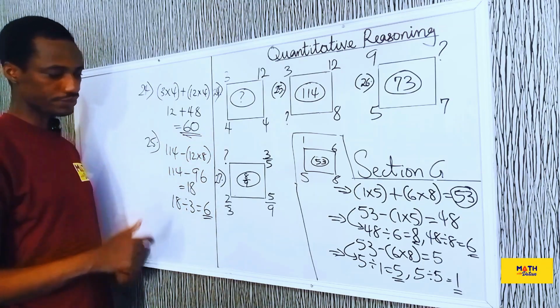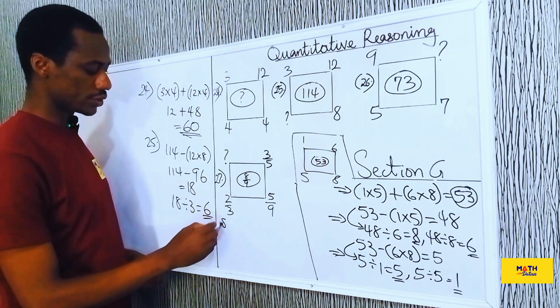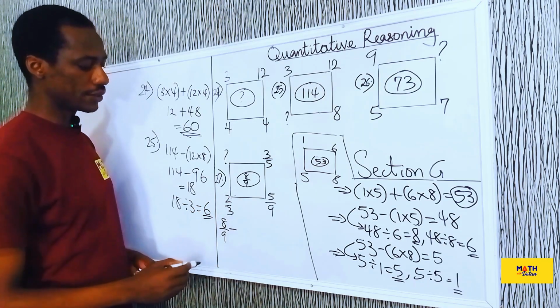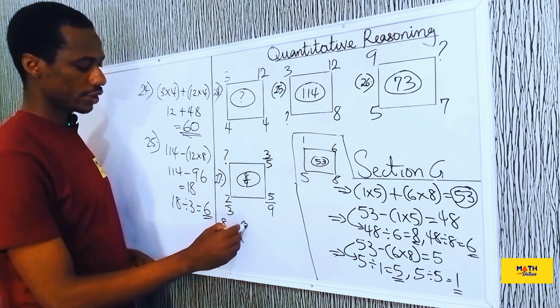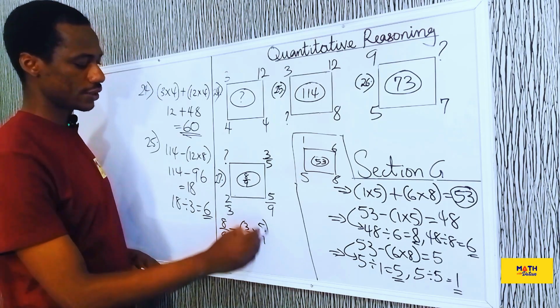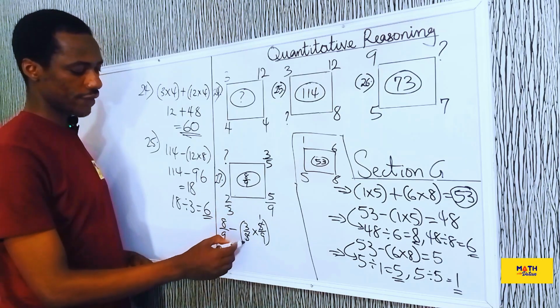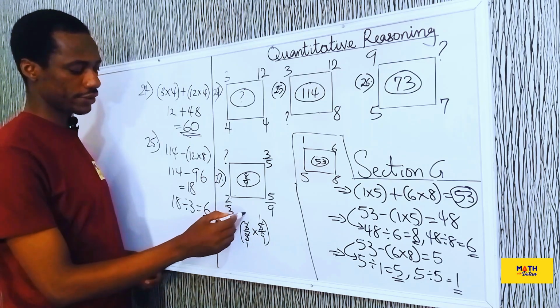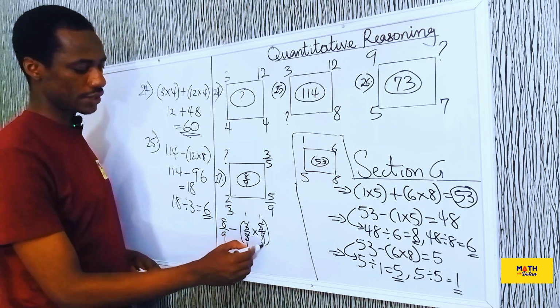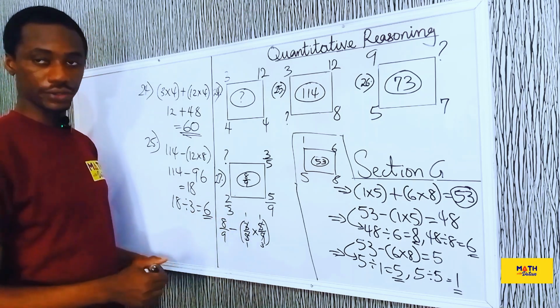All right, so we're going to do the total, which is 8 over 9 minus 3 over 5 times 5 over 9. So we know that 5 goes here once, 5 in 5, 1, 3 in 3, 1, 3 in 9, 3. So we are left with 1 over 3 here.